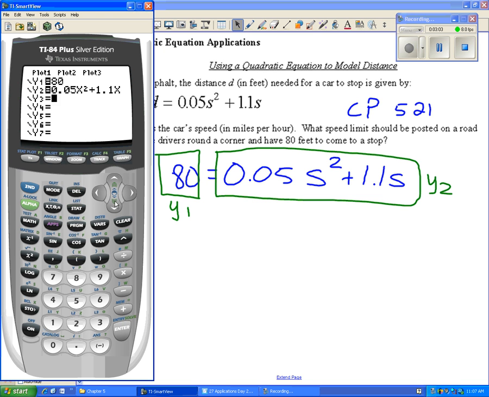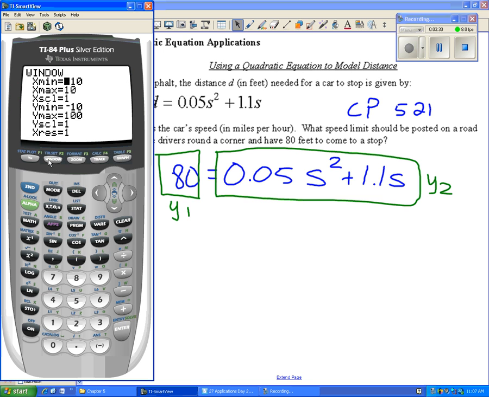So I'm going to hit the window button, and I need to make sure that my y max goes above 80. So let's make it go up to 100. Let's graph this now. There's that first line. There's the quadratic, but I don't see their intersection. Notice the intersection is to the left of my calculator.